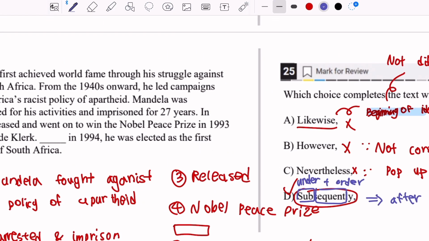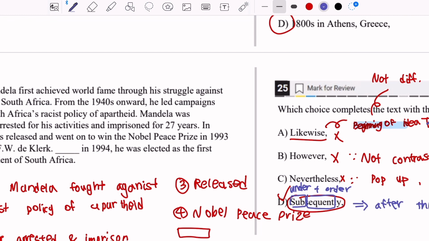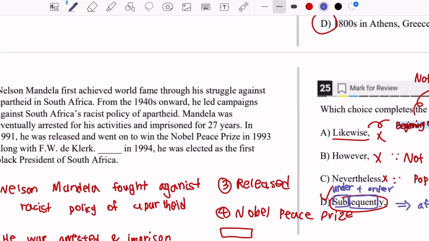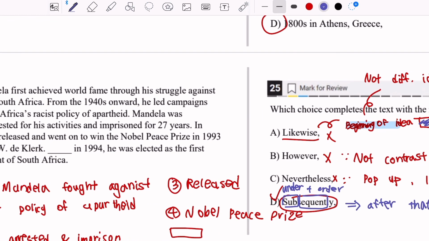So yes, it fits in the blank because it's basically just listing out the life of Nelson Mandela. So he was released from the prison and he got the Nobel Peace Prize. Subsequently, after that, he became the first black president of South Africa, right? So option D is the answer.